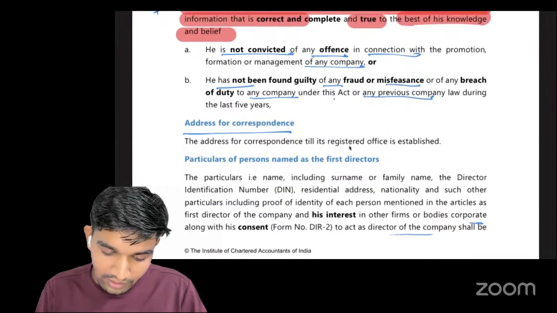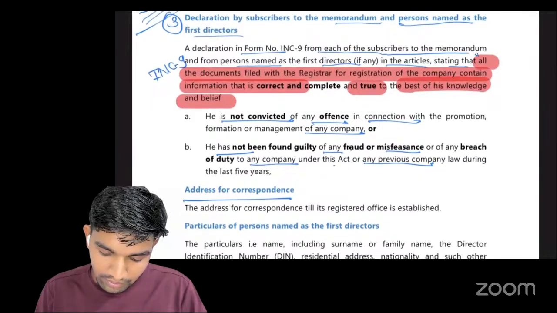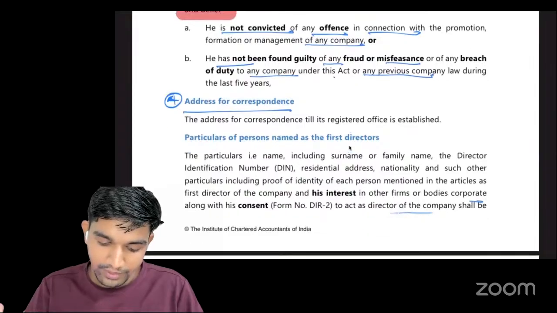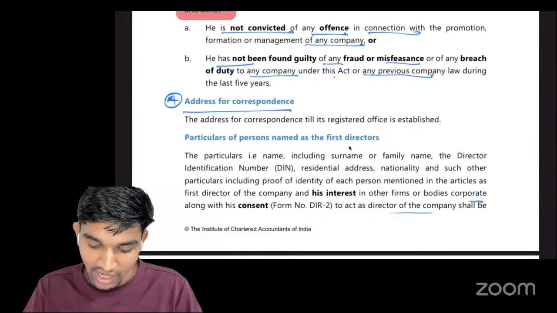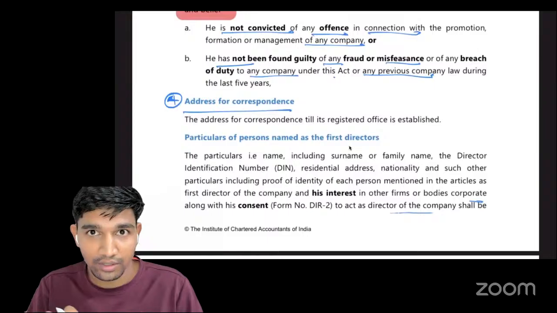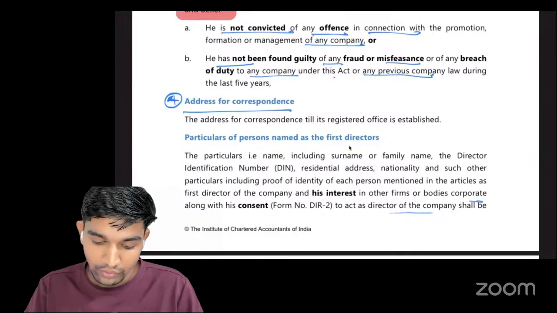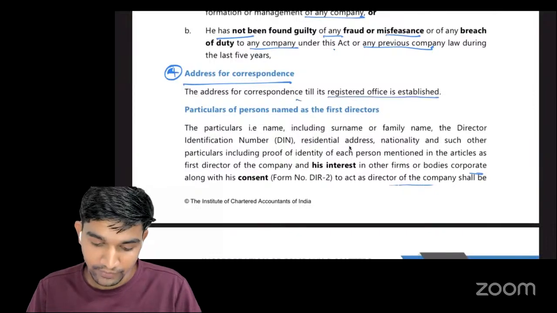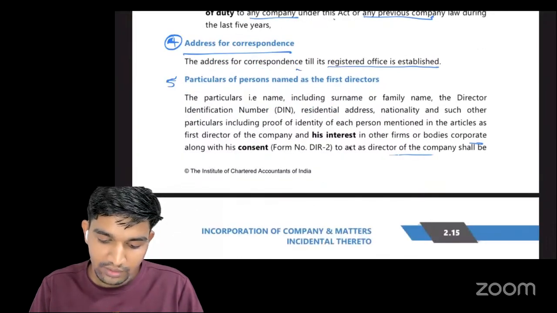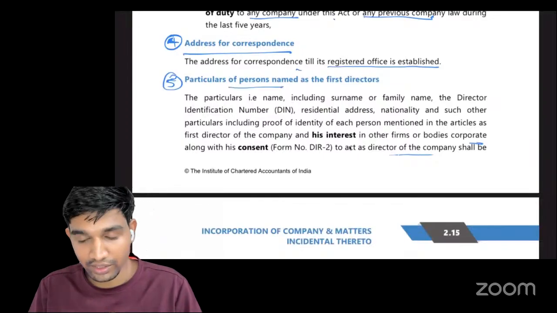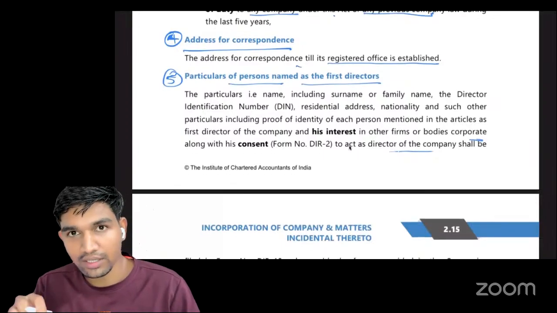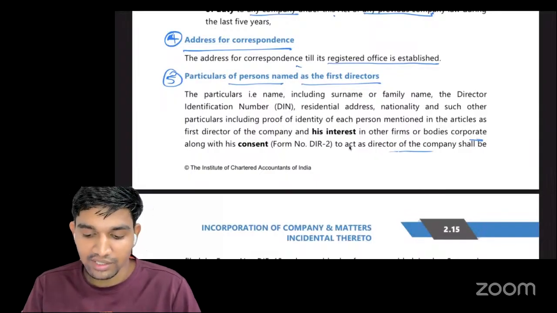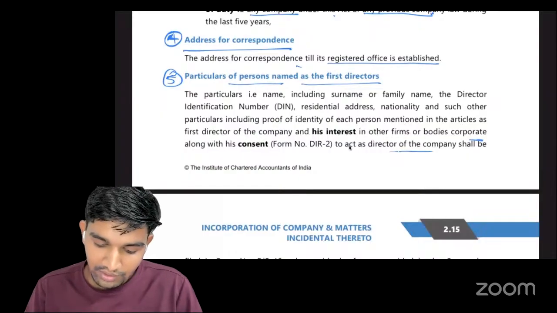Now, the fourth thing that you need to file with the registrar is the address for correspondence. Since the registered office has not been set up, the address for correspondence should be given till its registered office is established. Then, the particulars of persons named as first directors. The persons who will be named as first director in the articles, their particulars should be given.